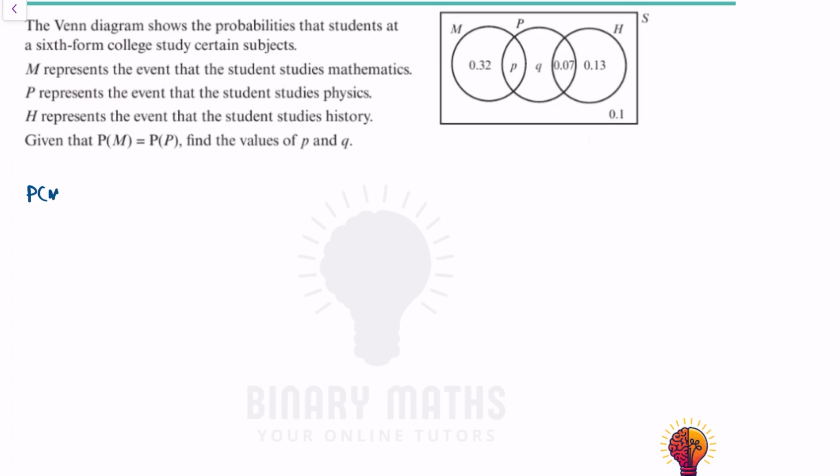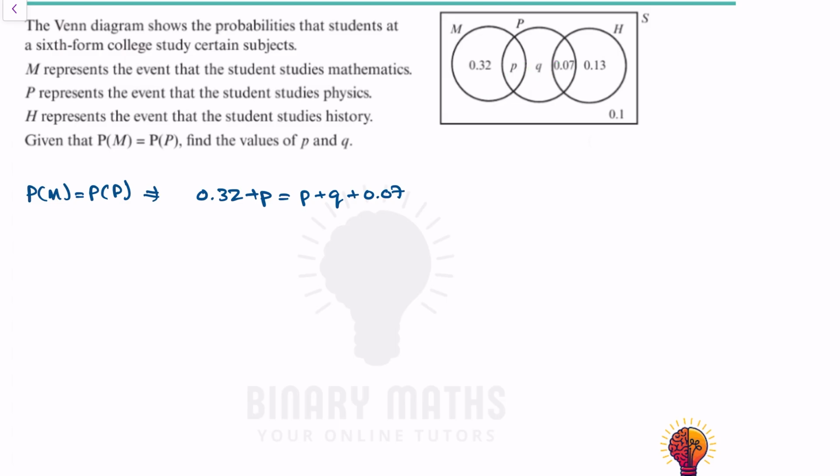So probability of M is equal to probability of P implies probability of M is just, if I think about it, 0.32 plus P. So 0.32 plus P is equal to probability of physics. Probability of physics is P plus Q plus 0.07. So 0.32 plus P is equal to P plus Q plus 0.07.